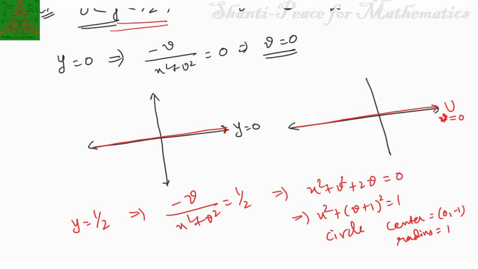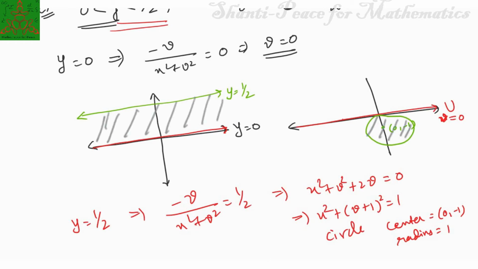So the image of the line y equal to 1 by 2 is here, that you can see. Hence the area between these 2 lines is mapped to the area inside the circle that you can have.